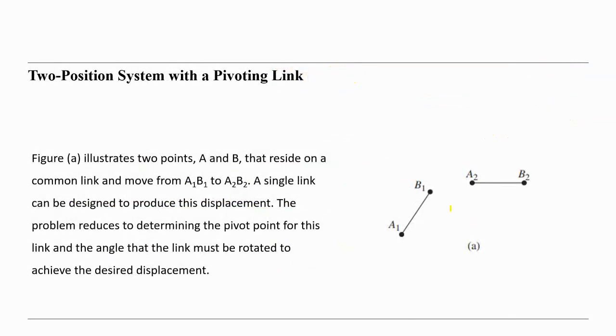Like this here, we have two positions. This is position 1, the AB link, and this is the A1 B1 link, and this is the A2 B2 link.